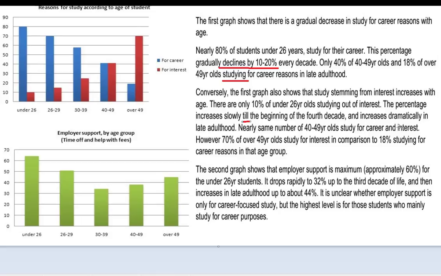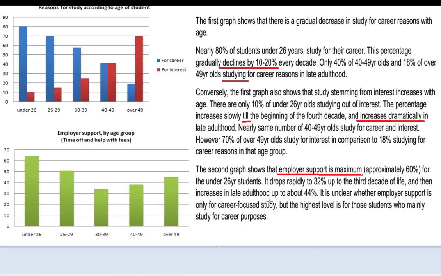"Increases dramatically," so with phrases like this, they're pretty standard. Nothing outstanding. "Support is maximum." It should be "support is at its maximum." There's a word missing here, "at."